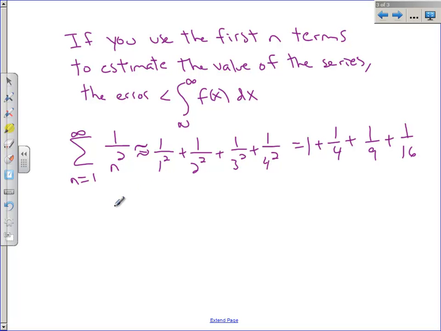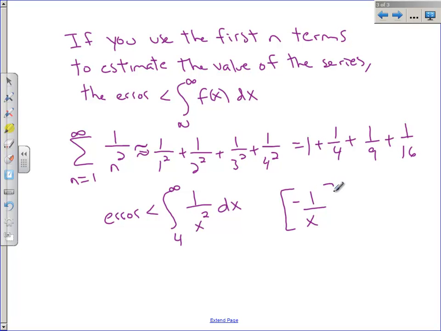Well, we can say that the error in this approximation is less than the integral from, I went all the way out to 4, so we're going to go from 4 to infinity of 1 over x squared dx. So let's take a look at this. I already know that that antiderivative is negative 1 over x.